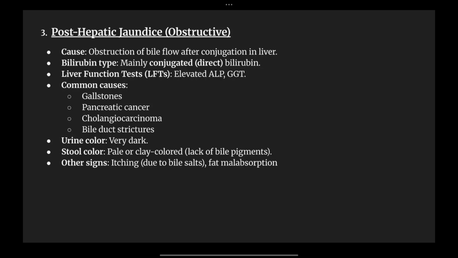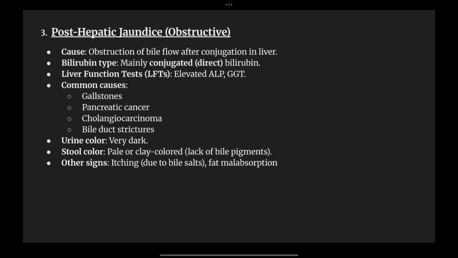It is also a liver enzyme that is present in the bile ducts and hepatocytes. Hepatocytes are liver cells. The normal range for ALP is approximately 44 to 147, and for GGT it is approximately 9 to 48 units per liter.